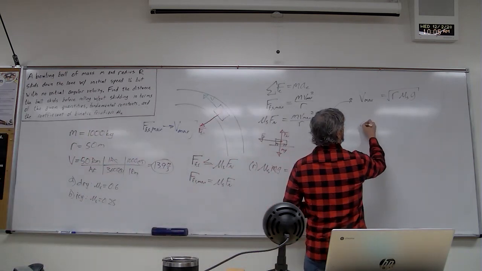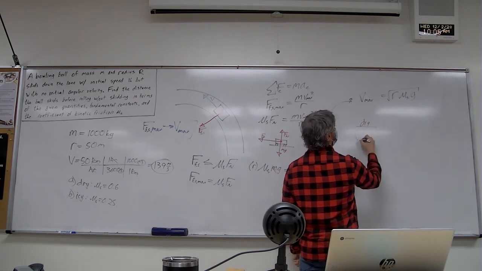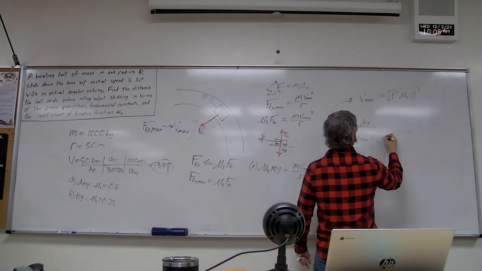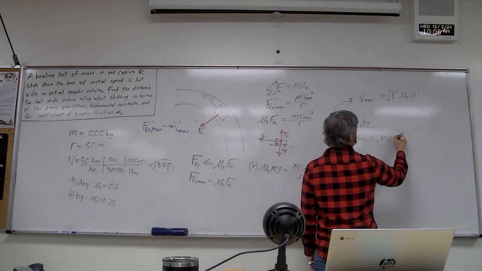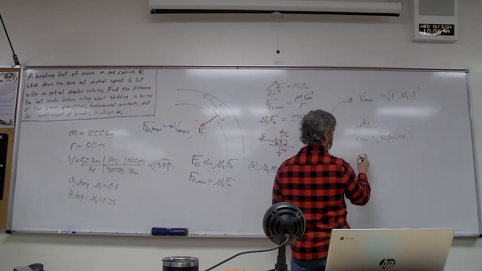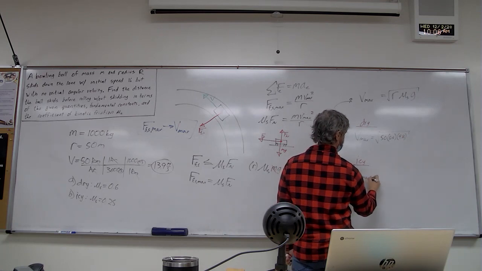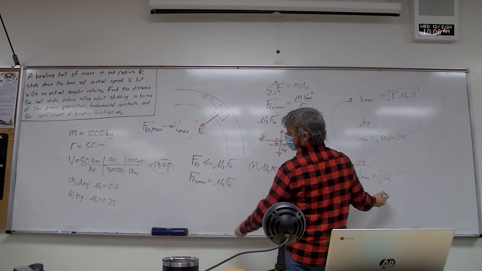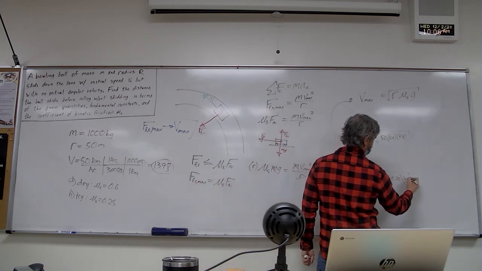So when it's dry, the maximum velocity is the square root of the radius, which is 50, times the coefficient of friction on the dry asphalt, which is 0.6, times 9.8. And when it's icy, I use the same equation. It's going to be the square root of 50 times the coefficient of friction on the icy road, which is 0.25, times 9.8.